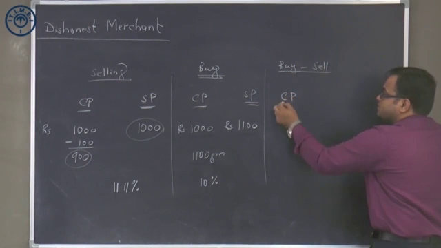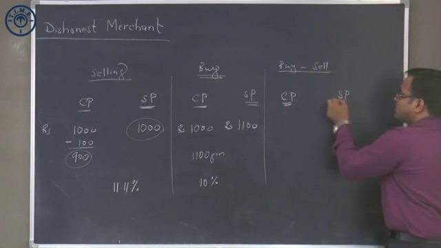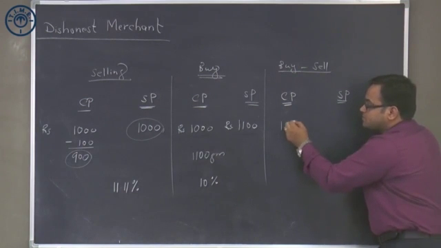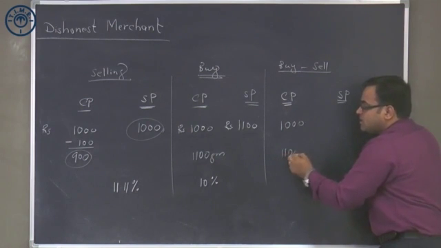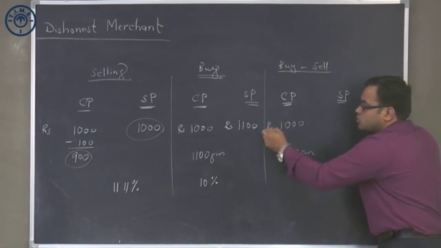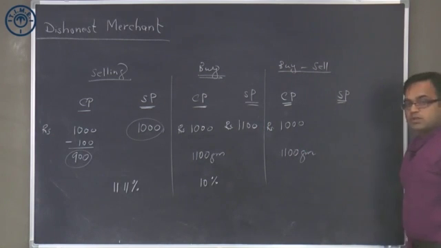What is happening is, on the CP and the SP side, when he is paying 1000 rupees, he is buying 1100 grams of the material. So he is spending rupees 1000 and he is buying 1100 grams.